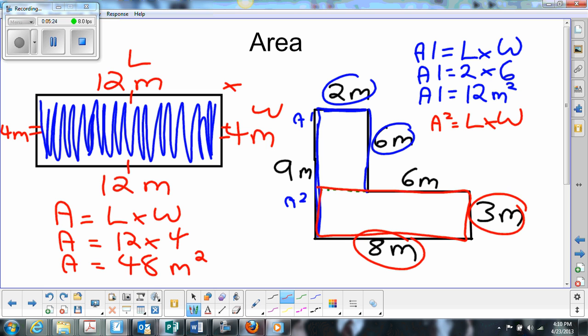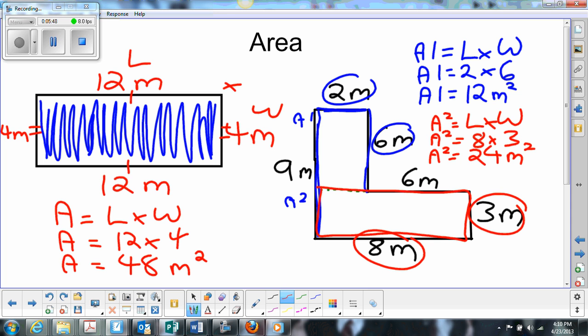You always put the length times width. Don't take the shortcuts because it's important to show your work. A2 equals the length, which is 8, times the width, which is 3. A2 equals 24 meters squared. Again, I know this because I've been doing rocket math all year long.